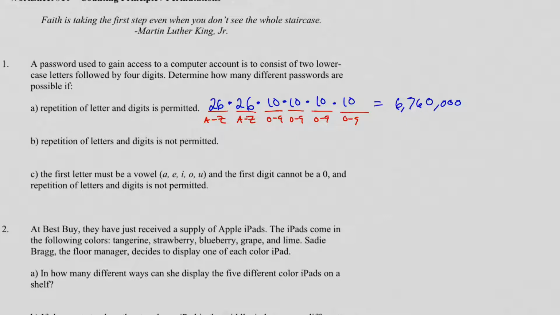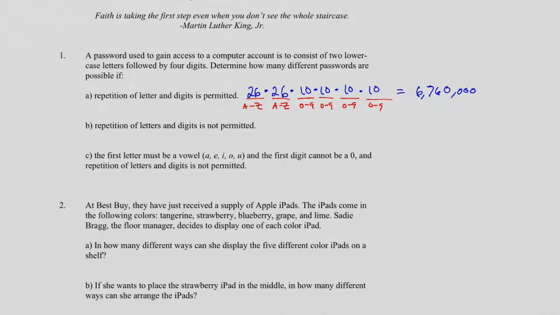And then we could have AA 1112, and you can go through all those different possibilities. You'll be there a very, very long time trying to come up with 6 million, almost 7 million codes, okay?